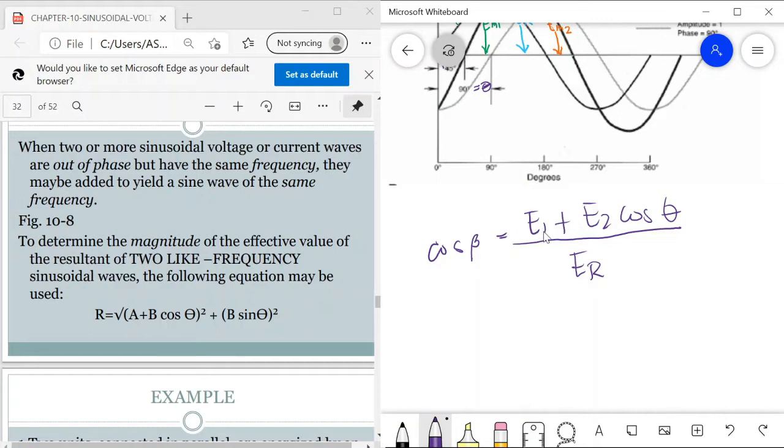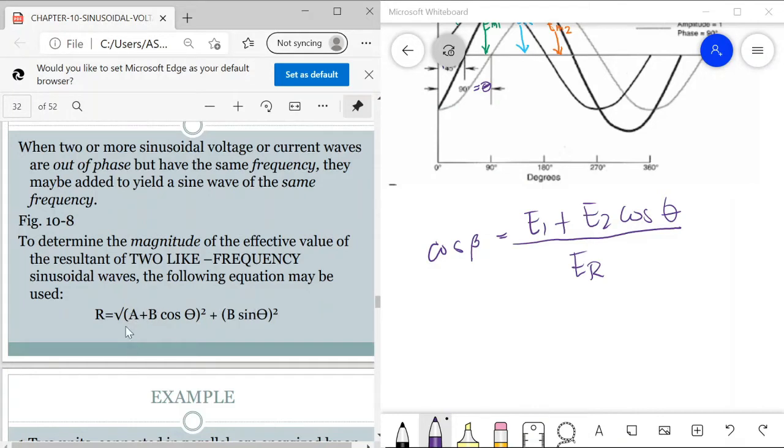So, E1 and E2 here are in RMS. Also, this A and B must be in RMS. Kung RMS yung ginamit nyo dito sa A and B, so RMS din yung lalabas na value dito. Kung ginamit nyo dito is E maximum, so E maximum resultant naman ang lalabas dito. So, dapat consistent kayo, kung RMS, RMS lahat.